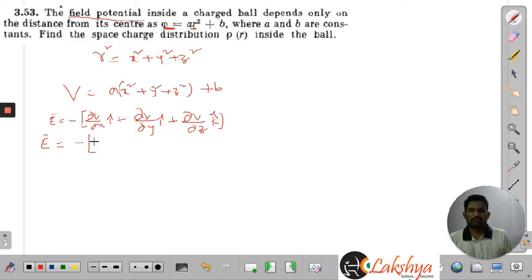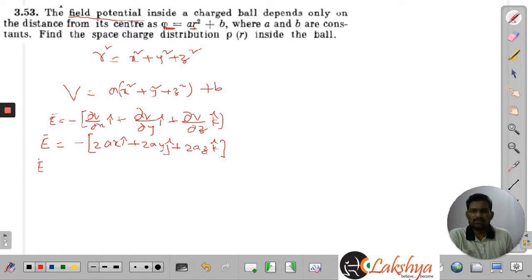Then I can write this as minus of 2ax i cap plus 2ay j cap plus 2az k cap, and differentiation of b will be 0.